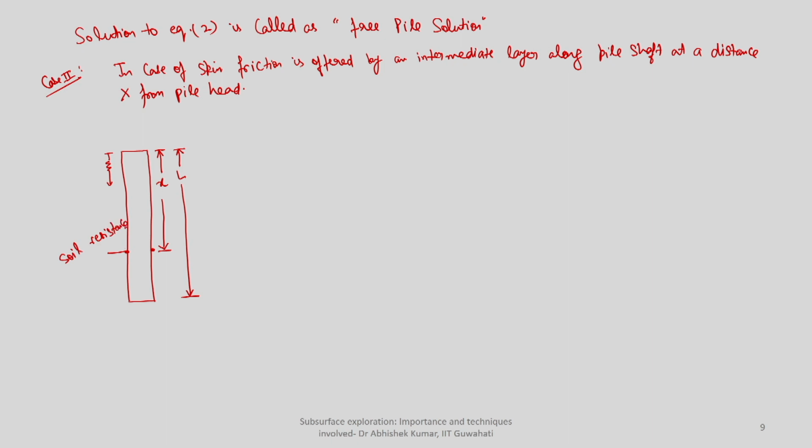So, in addition to your toe, even some intermediate layer is there, maybe soil type 1, offering some resistance. As a result, from the intermediate depth itself you will have some kind of reflection travelling upward, half component of that, and some component travelling downward.